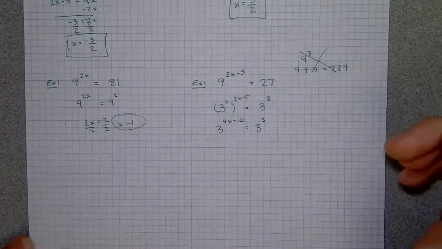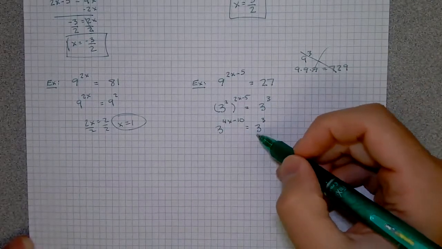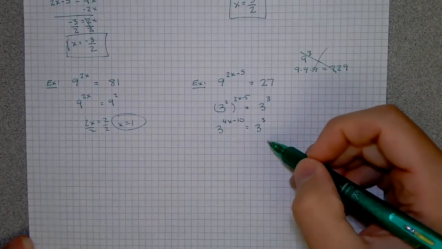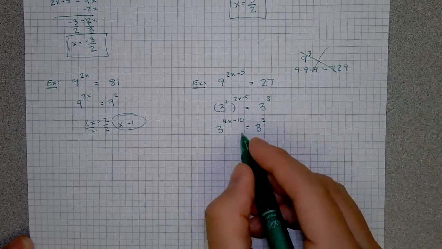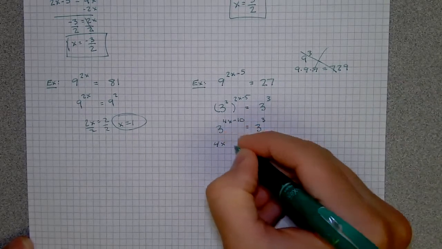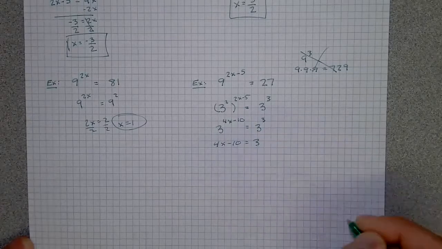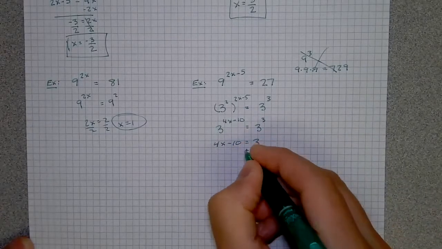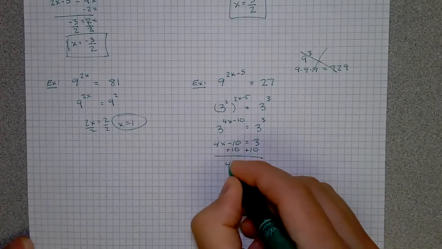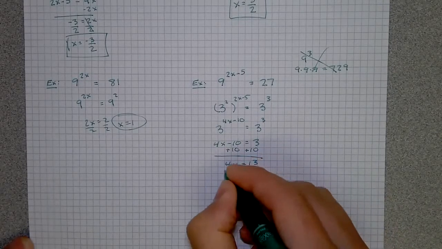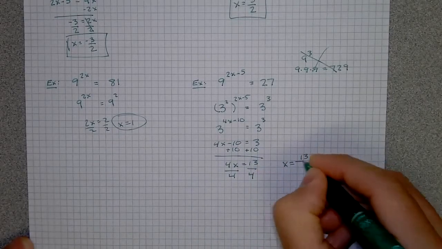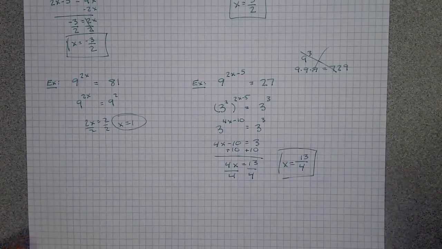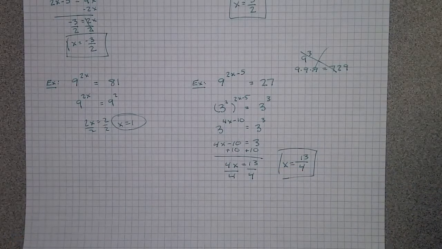So we get 3 to the 4x minus 10 equals 3 to the 3rd. So now 4x minus 10 equals 3. Add 10 to both sides. Divide by 4. And so x ends up equaling 13 over 4.